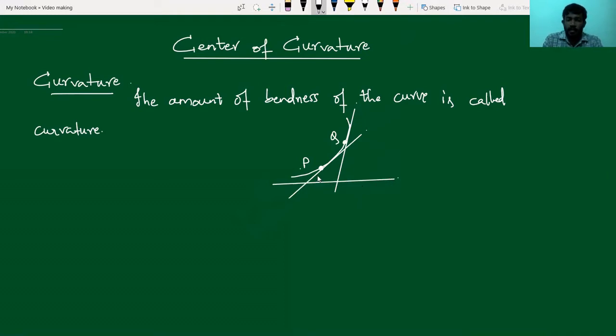Clearly from the graph, the first tangent drawn at the point P makes an angle xi with the initial line, and the second tangent drawn at the point Q makes an angle xi plus delta xi with the initial line.